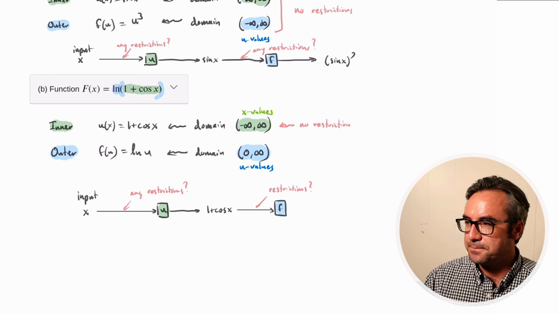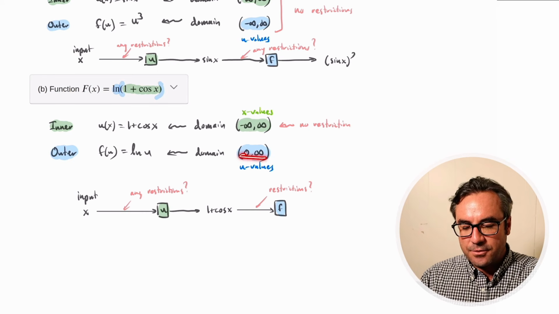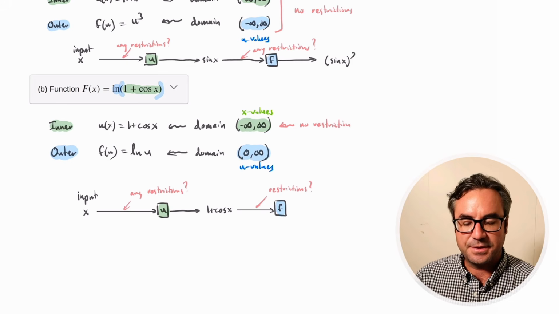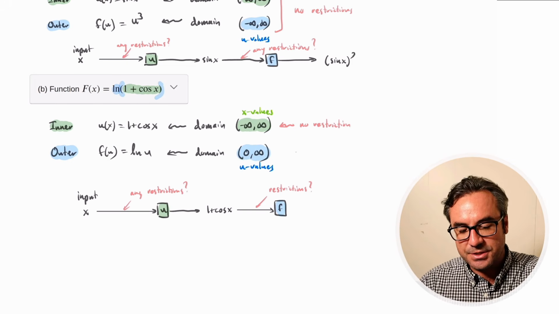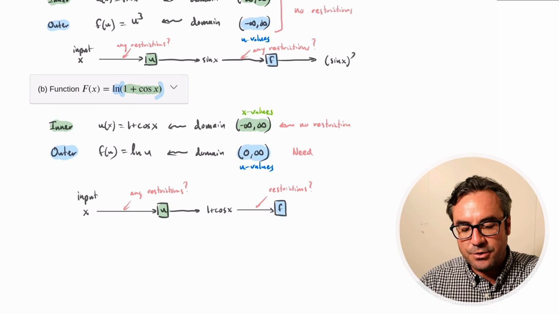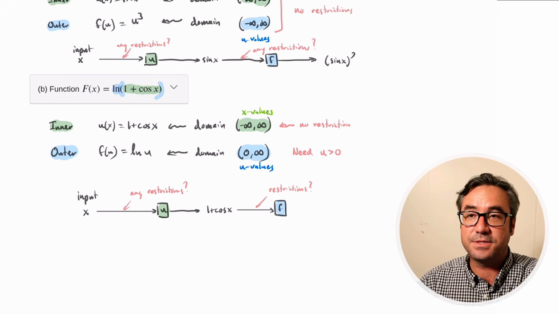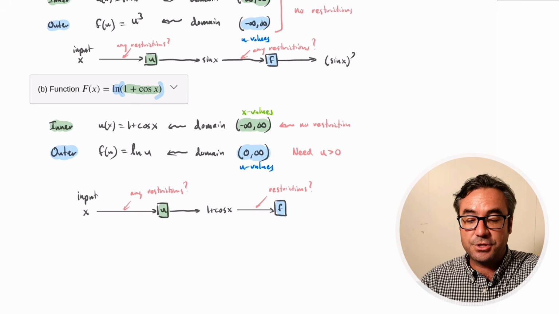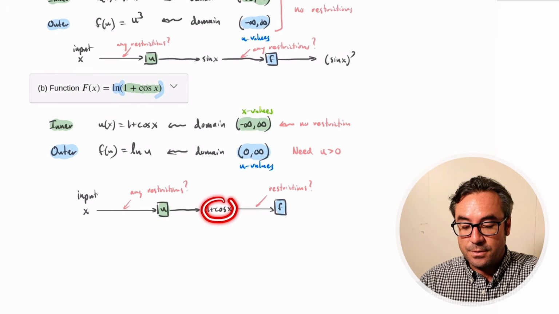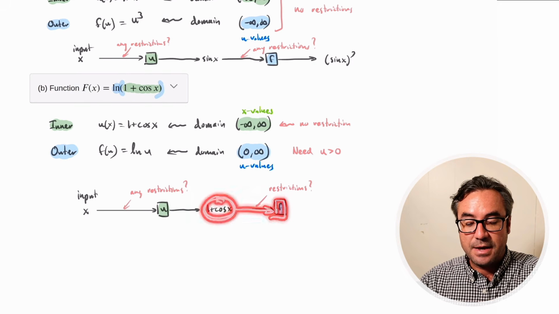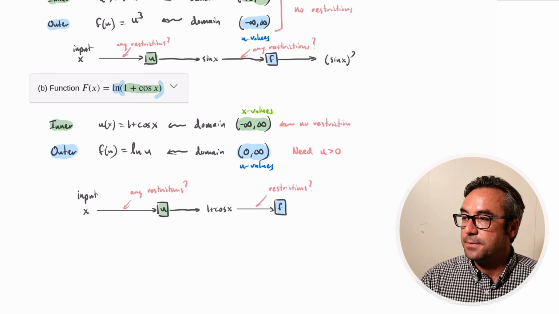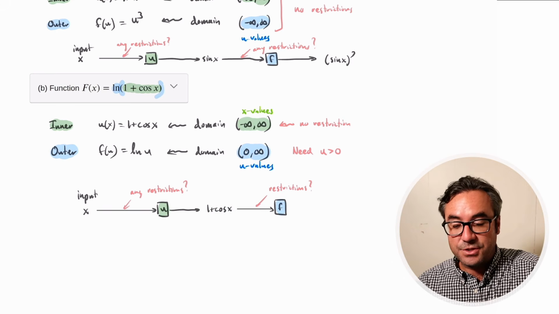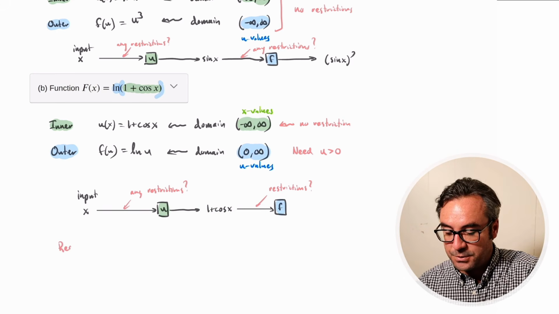All right. So what's another way to think of this? This interval, what this restriction says, is that we need our u value to be greater than 0. So there is some restriction at this point. Anything that I'm trying to plug into function f needs to be greater than 0. So we do have some restriction here.